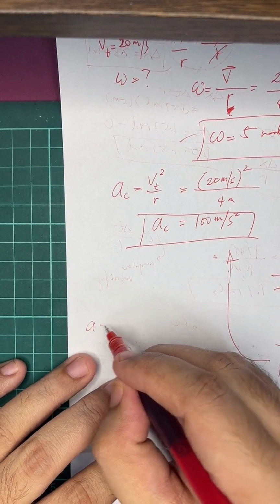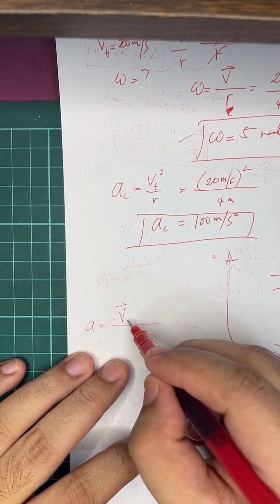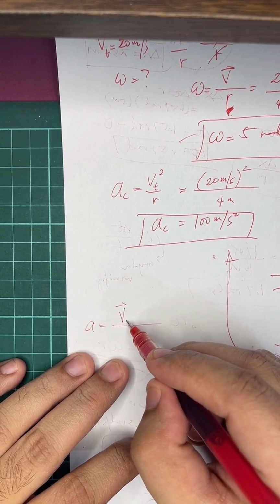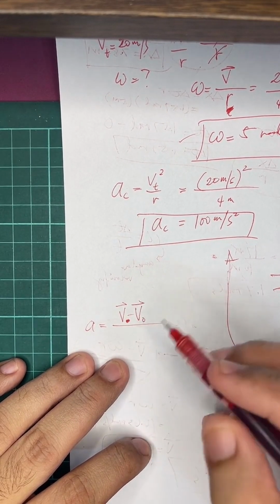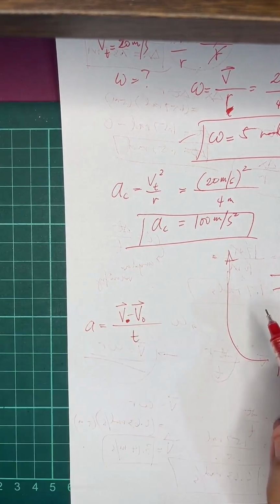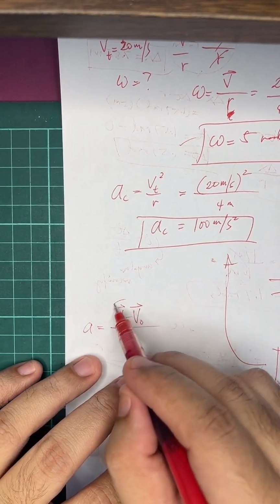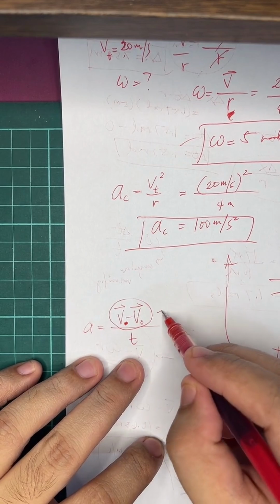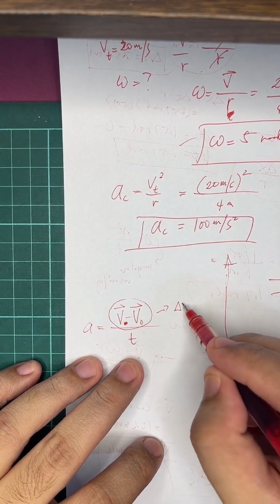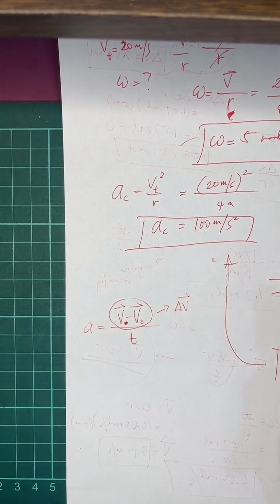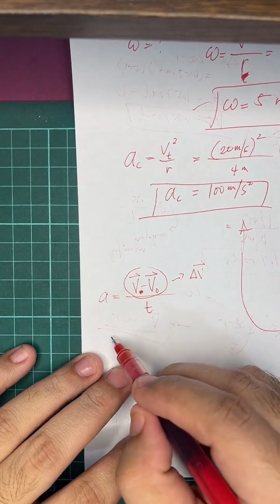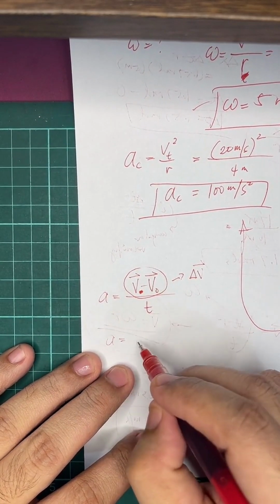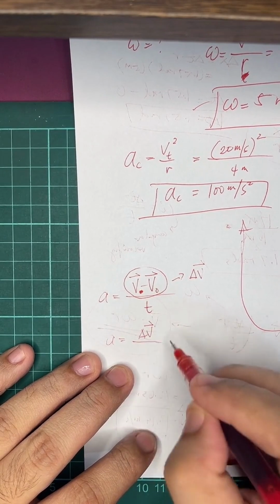So A is equal to V minus V naught over T. But we know that V minus V naught is simply delta V. So we can rewrite this equation into A is equal to delta V over T.